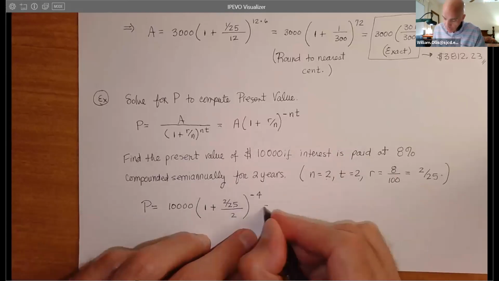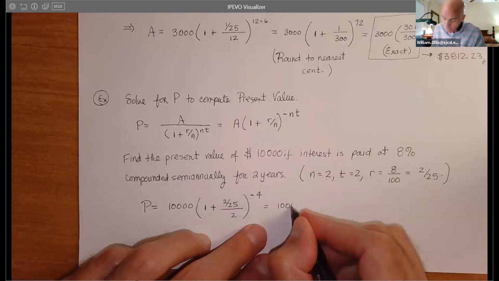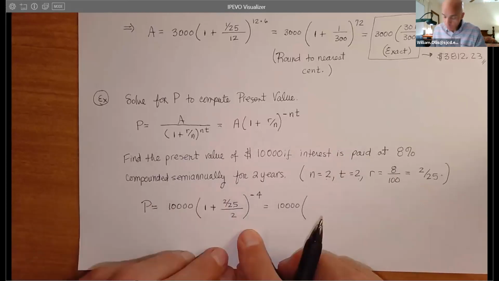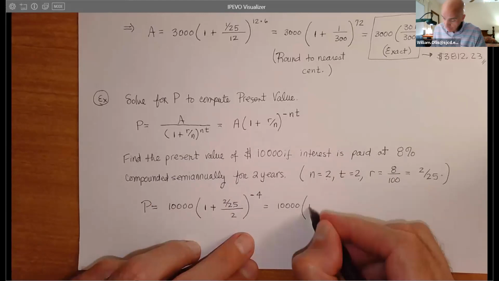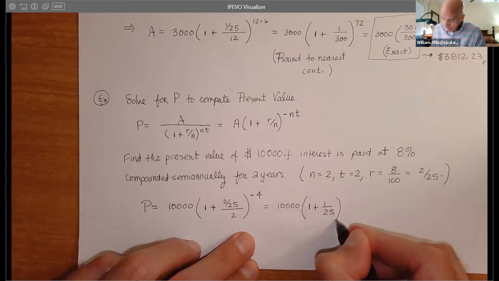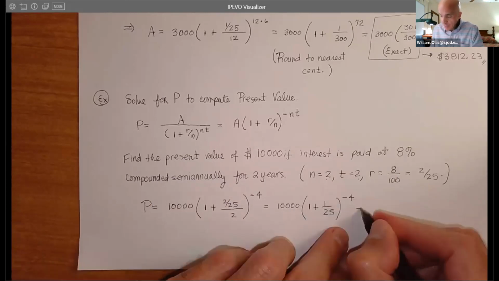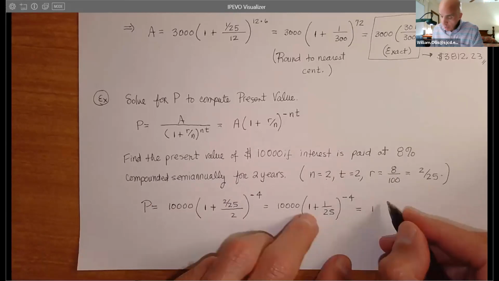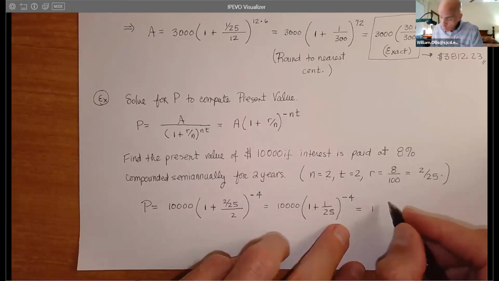So we can clean this up a little bit. So we have 10,000. Now notice the 2's absorb, and we just have 1 over 25. And then, of course, we can get the common denominator of 25, and that'll be a 1 plus a 25, which is a 26.